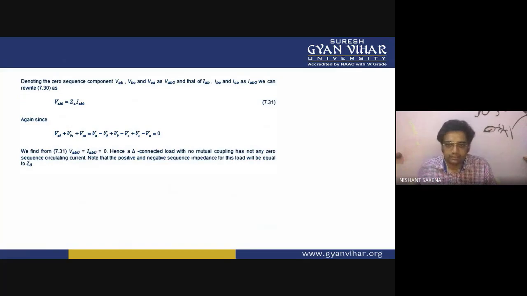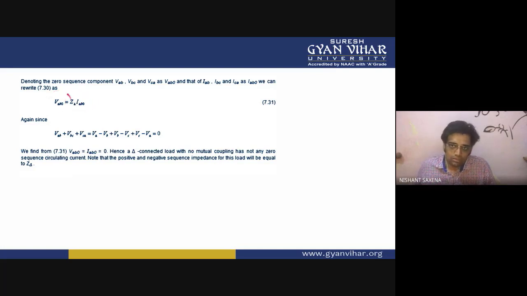Now if I calculate it, I will see that VAB0, the AB phase voltage, will give me Z delta into IAB0. Now again, since VAB plus VBC plus VCA is equal to VA minus VB, VB minus VC, and VC minus VA, which will give me 0, from this equation 7.31, I can say that IAB0 will also be equal to 0.